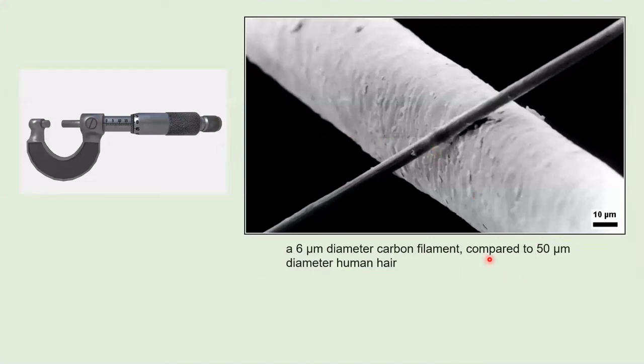Human hairs are around 50 micrometers. And believe it or not, you can measure that with a micrometer caliper. I did this one time at a different school. Everybody in the lab measured their hair thickness, and there was actually quite a range of thicknesses. Some people had hair strands that were around 20 or 30 micrometers.